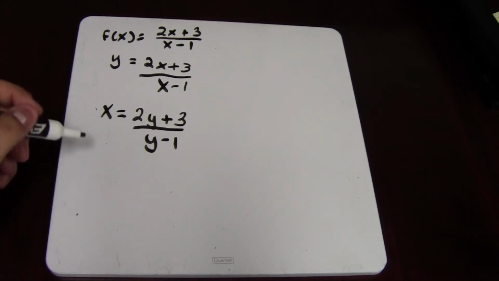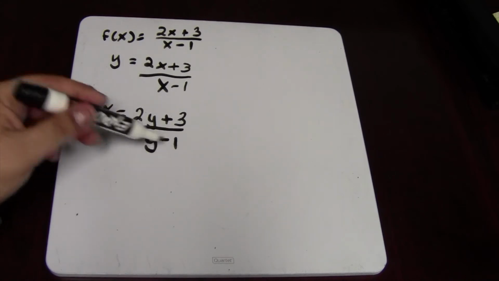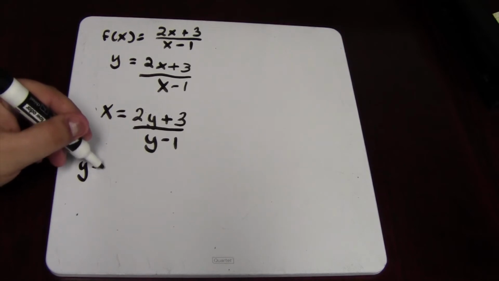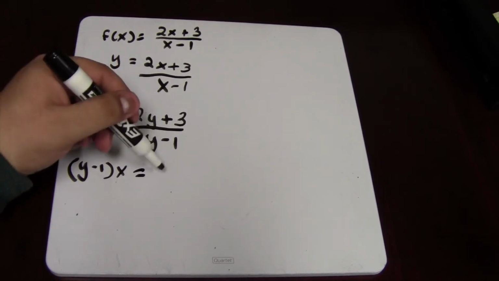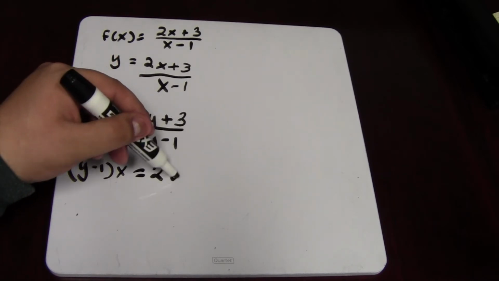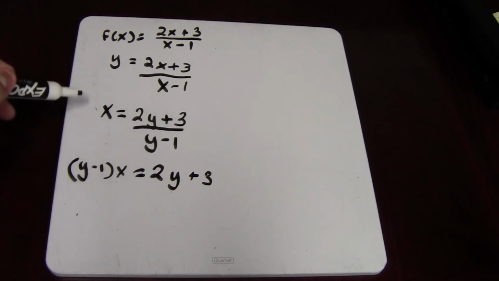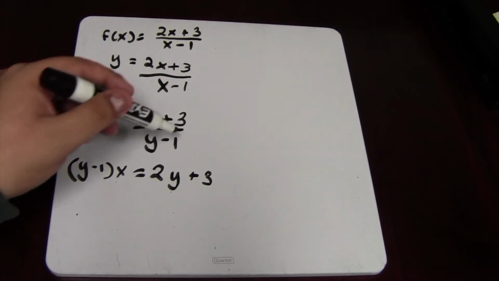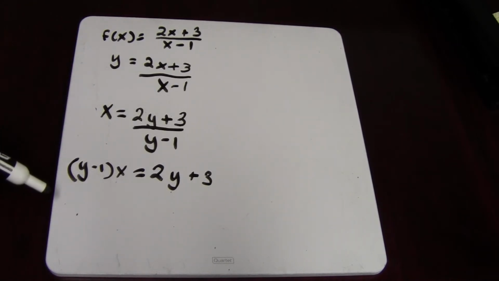The first thing that we always do is we multiply both sides by the denominator here of y minus 1. Multiplying both sides by y minus 1 cancels out this y minus 1 here, so that would go away, and then I'd be left with the y minus 1 on this side.